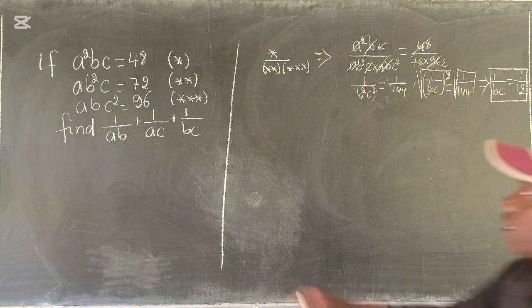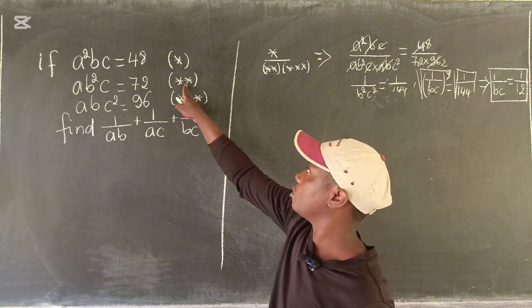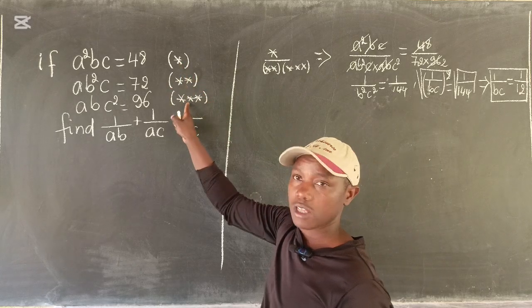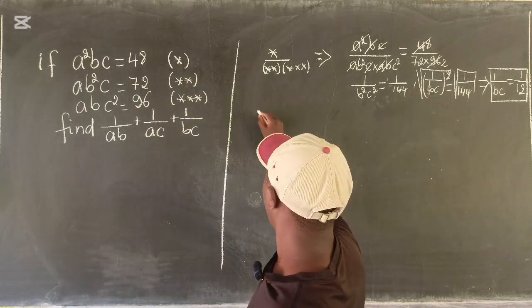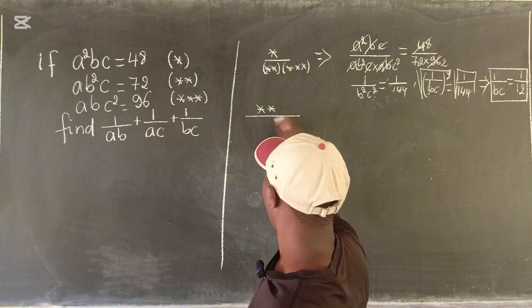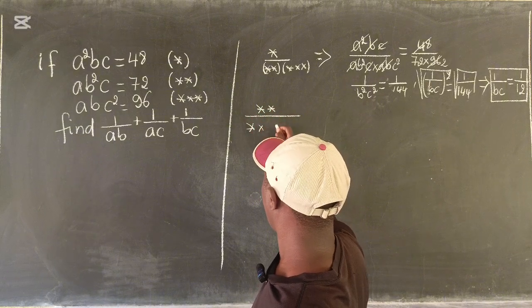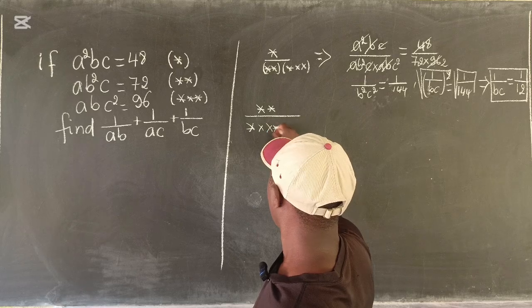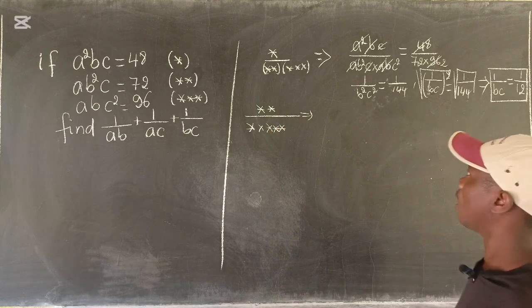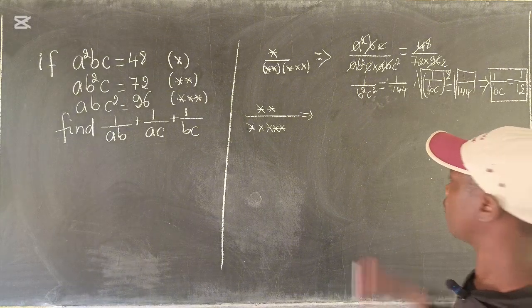Let's have equation 2: star 2 over star 1 times star 3.